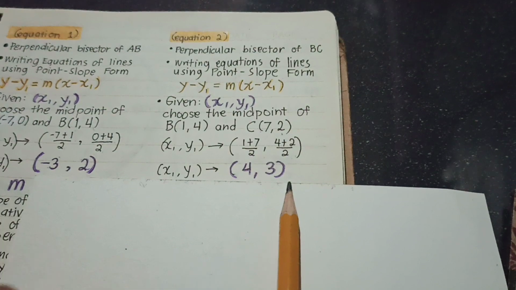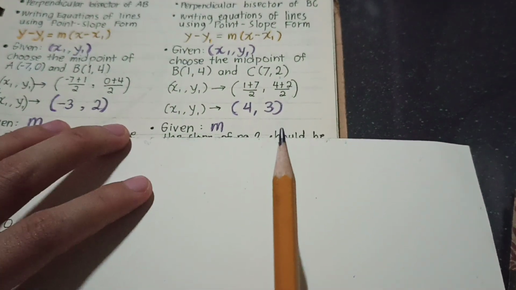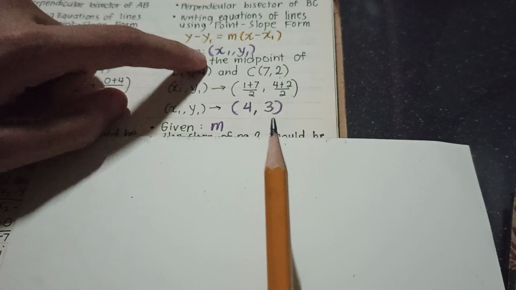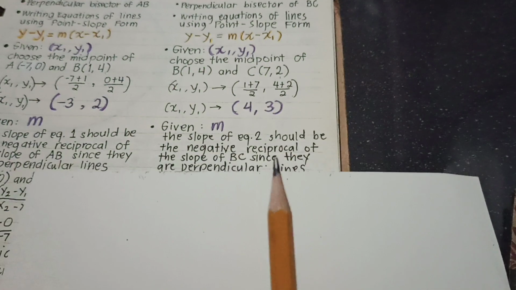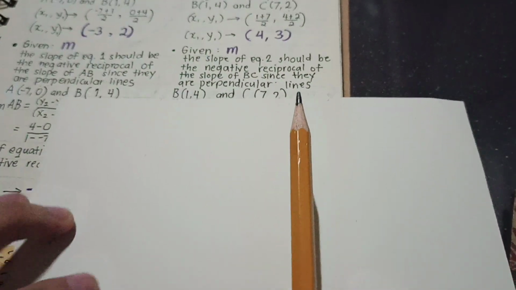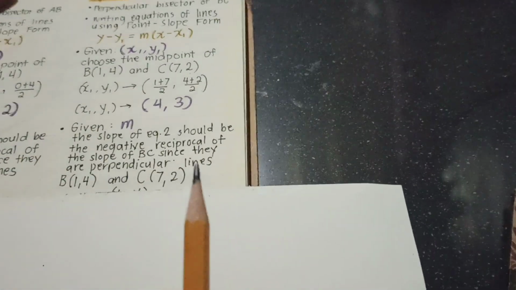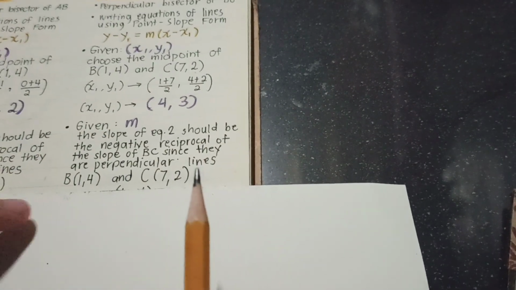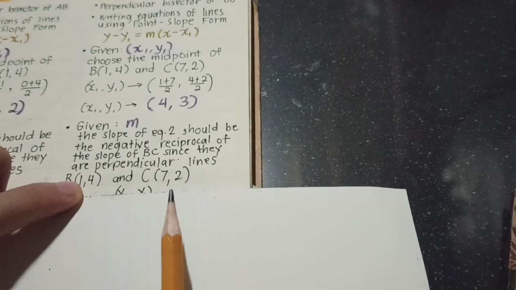4 and 3. Alright? So, for the slope, I will use the same coordinates of BC, the change in y over change in x. Once I get their slope, I'll just take the negative reciprocal. Alright. So, change in y, 2 minus 4.